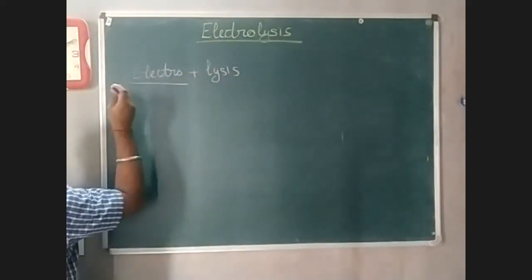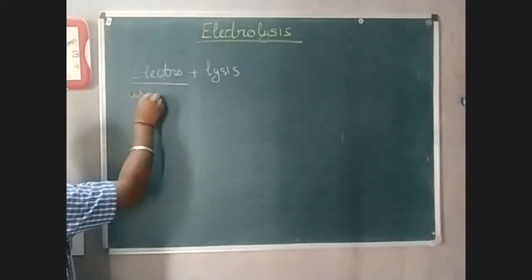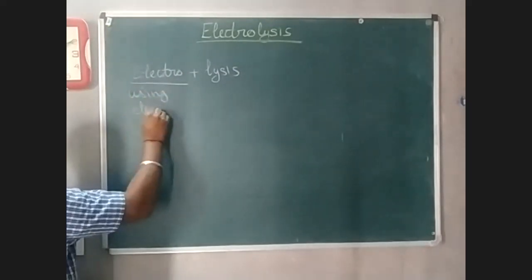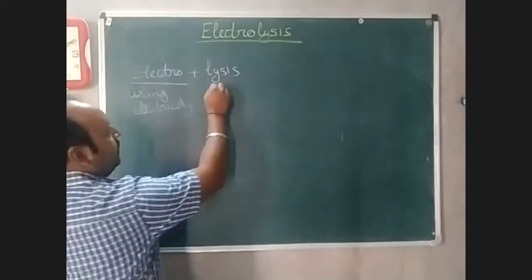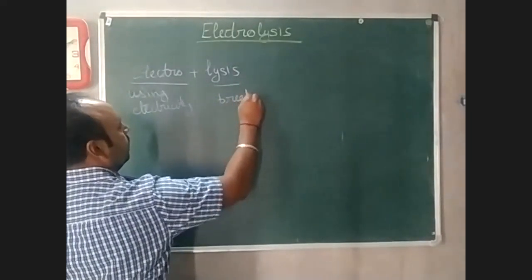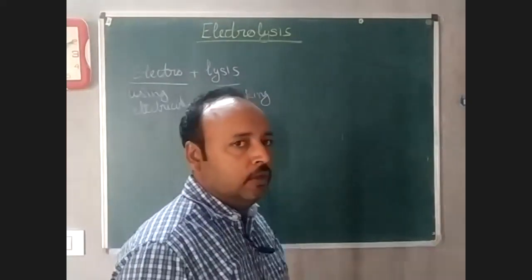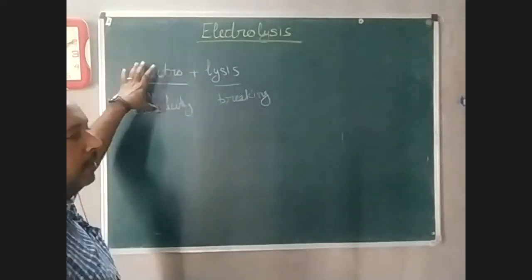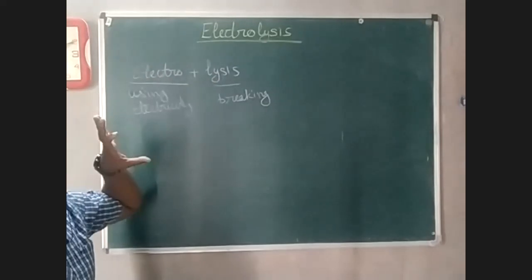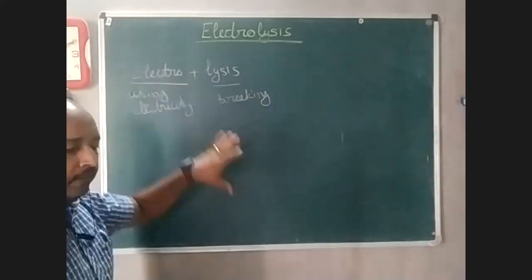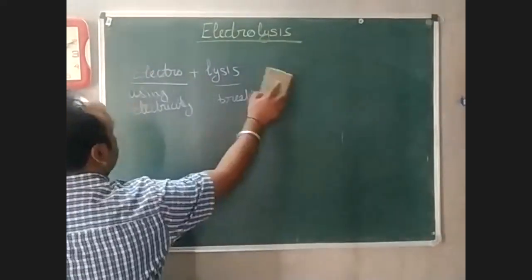Electro means electrons, or you can say using electricity, and lysis means breaking. Using electricity, breaking. If we understand this word, then we can work out the definition of this chapter's key term, electrolysis.